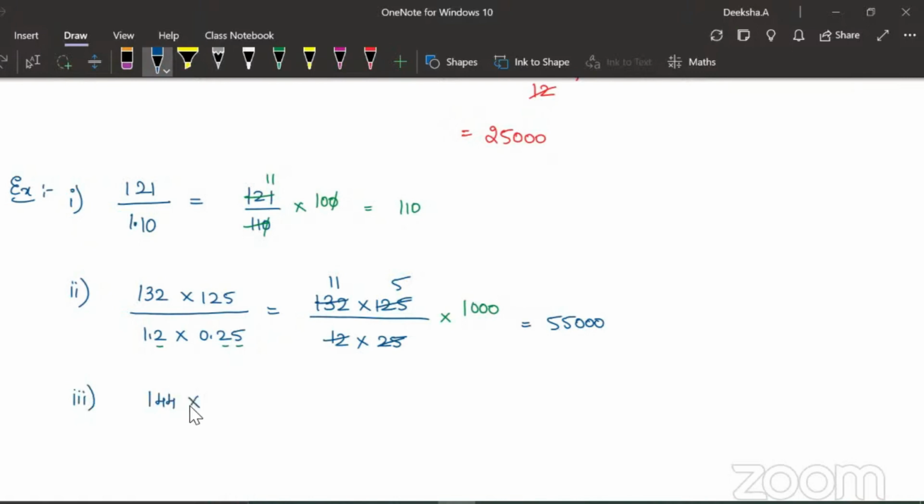Can you give me answer for this one? 144 into 36 divided by 1.2 into 1.8. Give me answer for this.